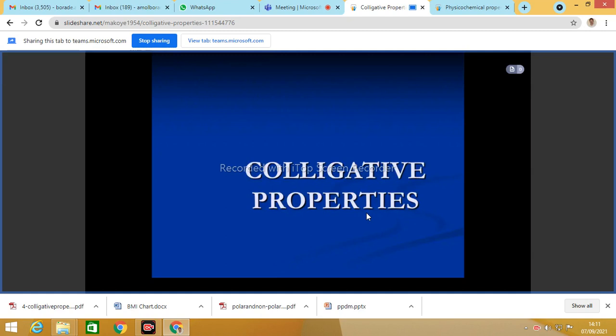Colligative property is somewhat different from additive and constitutive property. When we say additive or constitutive, we are going into the details of a molecule.